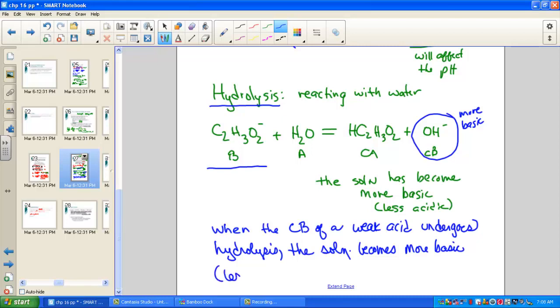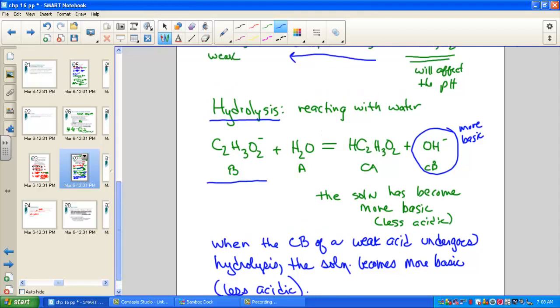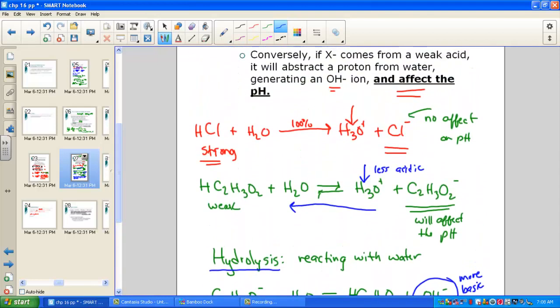Or tell yourself that's the same as saying it's less acidic. Remember, the parent acid must be weak for this hydrolysis to occur. If the parent is strong, there is no equilibrium, so no effect. HCl, the parent of chloride, is a strong acid, no effect on pH.